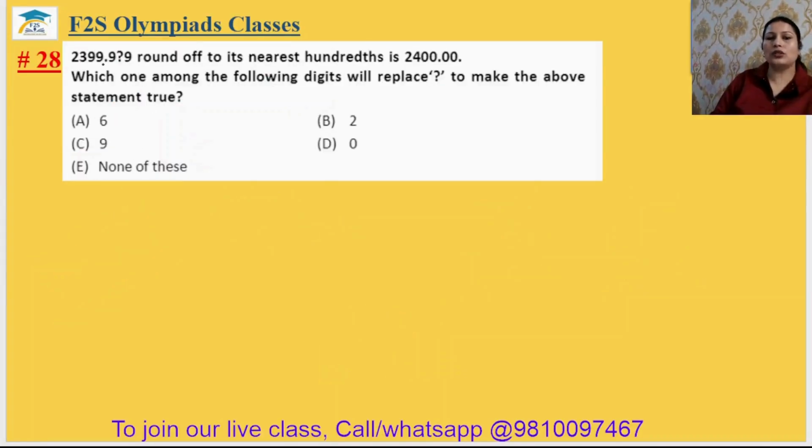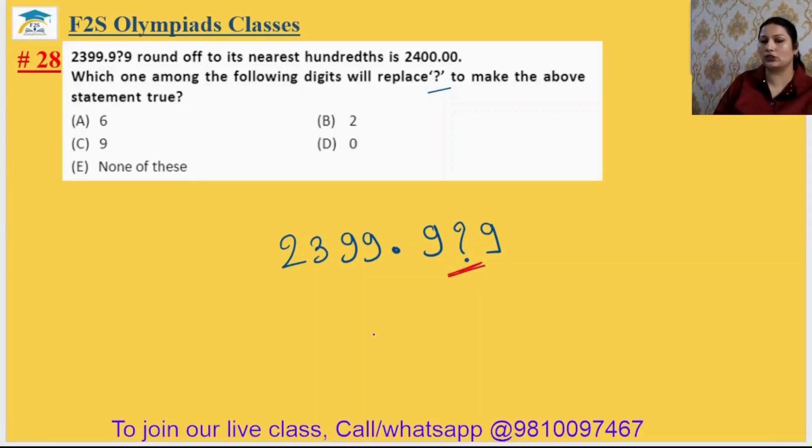28th. 2399.9 blank 9 rounded off to the nearest 100 is 2400.00. Which among the following digits will replace the blank to make the above statement true? 2399.9 blank 9 is rounded off to the nearest 100. 100 means this position.